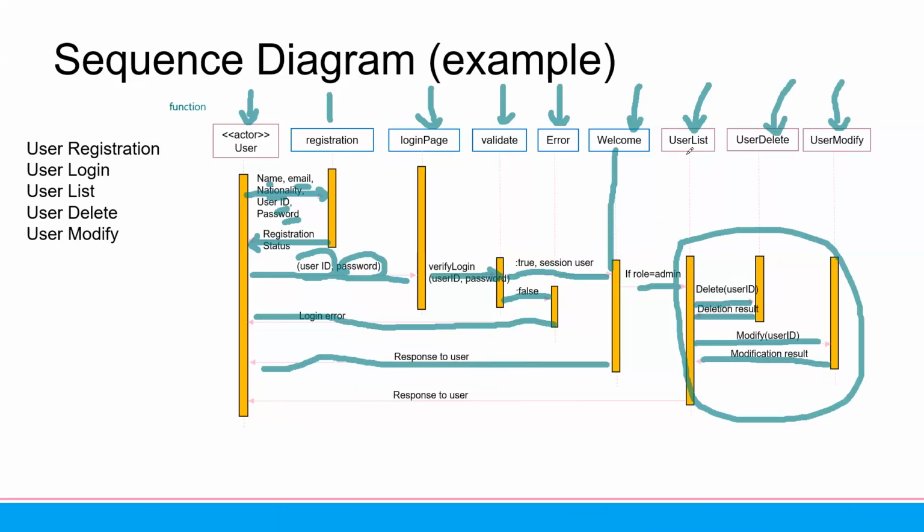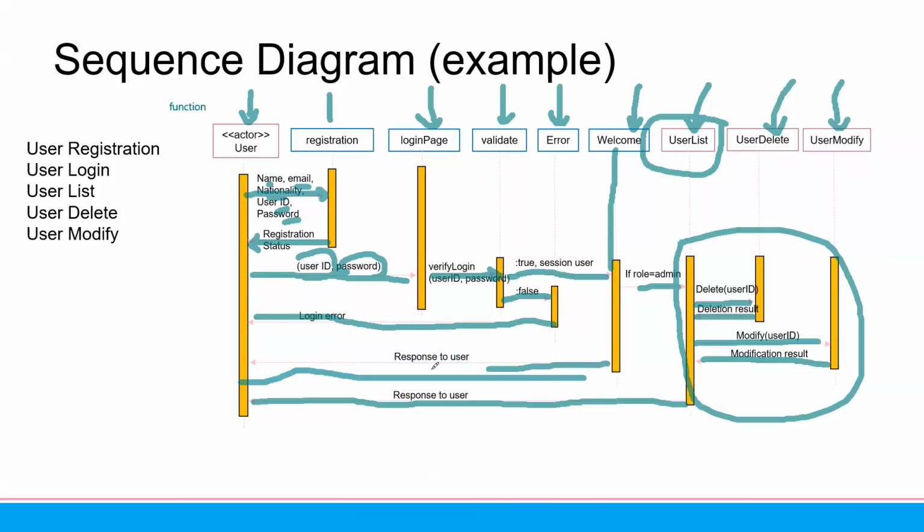Oh, sorry, this user list. The user list will give the response to the users. It means we can see how many members we have. Or if it is going to the user, it means the welcome page shows the response. What is the response after a user enters the welcome page?